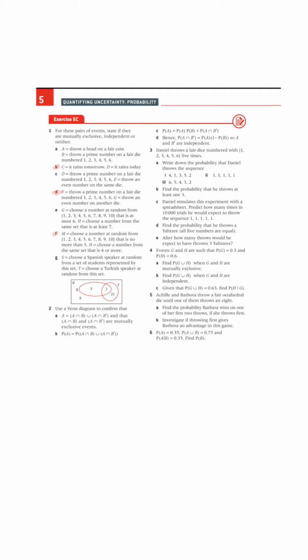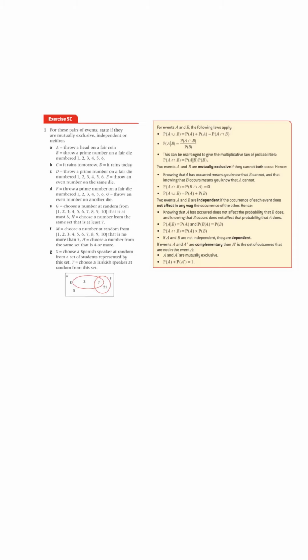Okay, B. Now what's the question? The question says, for these pairs of events, state if they are mutually exclusive, independent, or neither. Okay, so let's have a look at the page of formulas that precedes this exercise. This is the one we looked at in our previous video.